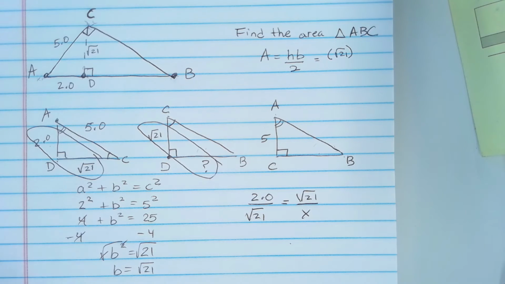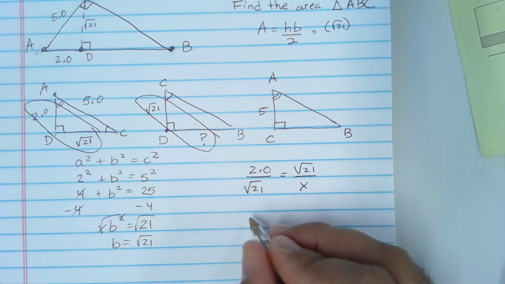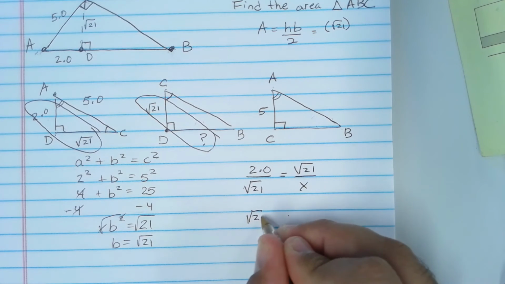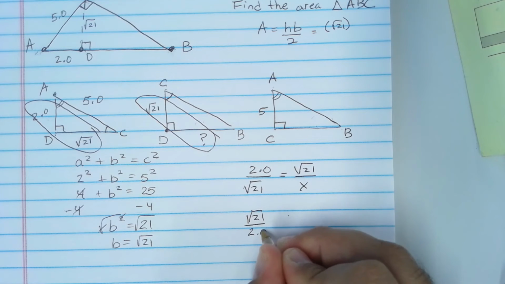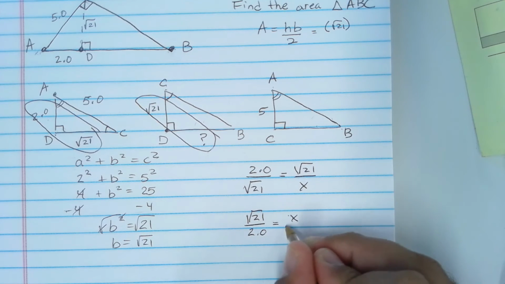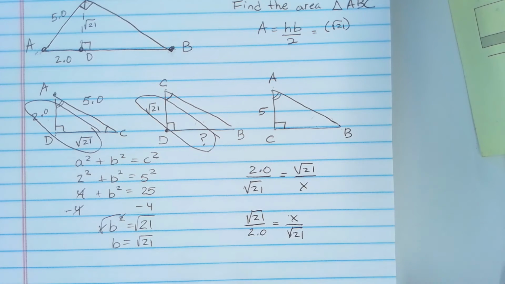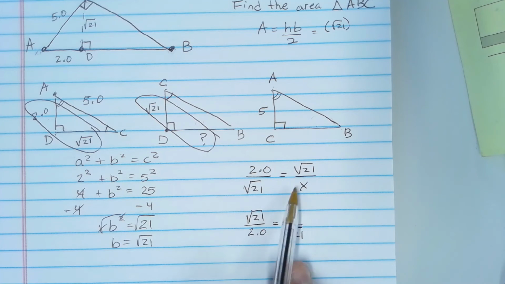Now, we'll throw like a little curveball at you. Can I write it like this? Square root of 21 over 2.0 is equal to x over square root of 21. Yes. Of course. It's the same. It means the same thing. So now my variable is in the numerator. Now I can go ahead and solve for x.